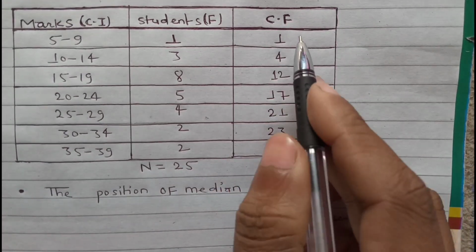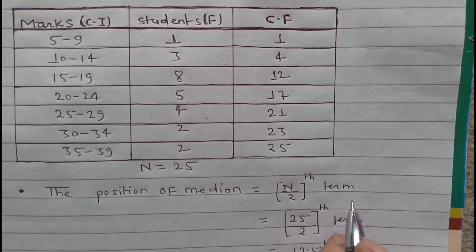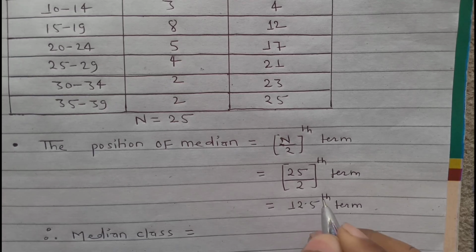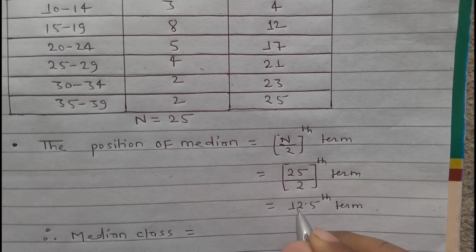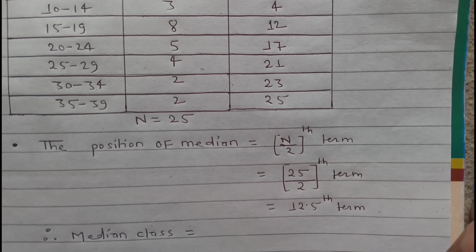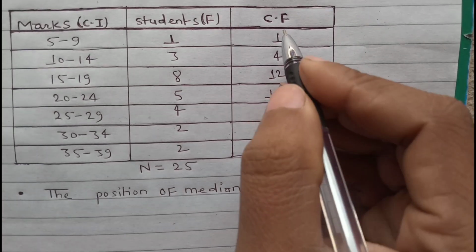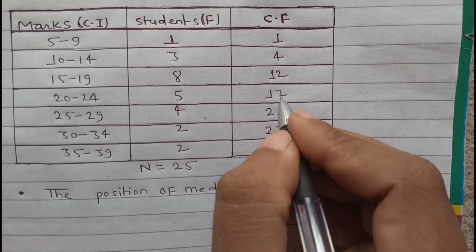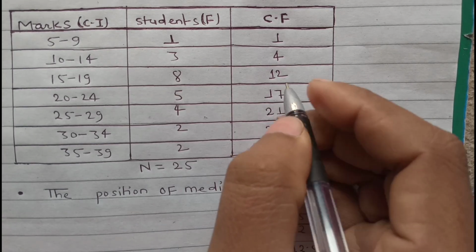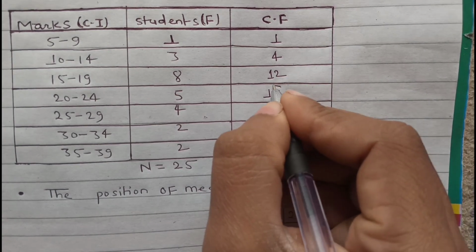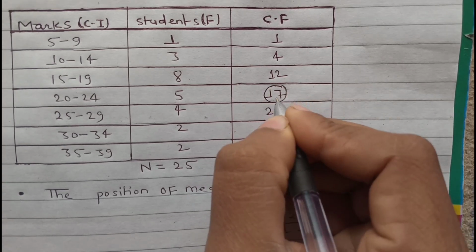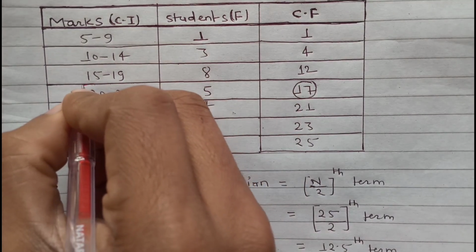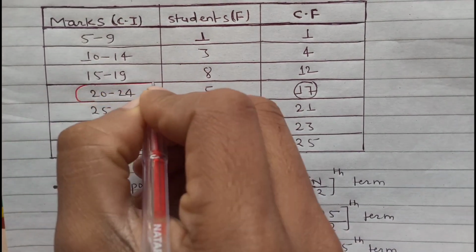There is no 12.5 in the CF column, so we have to take the value more than 12.5. The value more than 12.5 is 17 here. Clear? So we take this whole row for the median.